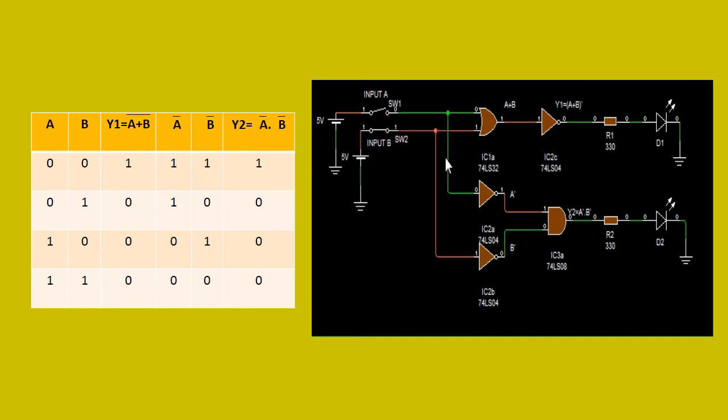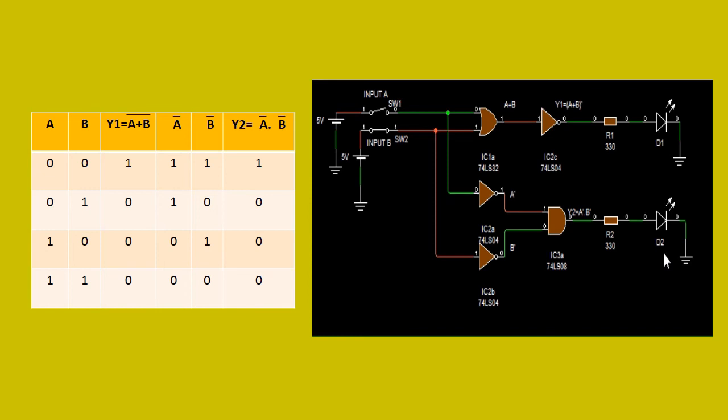Next, A is 0, B is 1. That means 0 is input through this NOT gate, and here we get 1 output. And B is 1 applied at this input, so here we get 0 output. So 1 dot 0 is input to the AND gate. From the output terminal of the AND gate we get 0 output, and thus the LED will not glow.